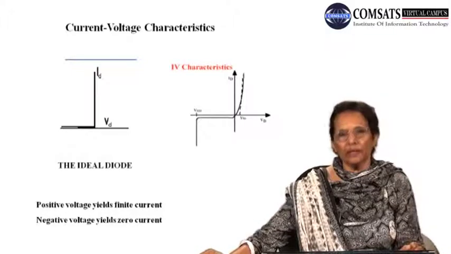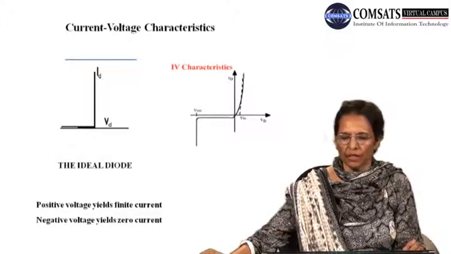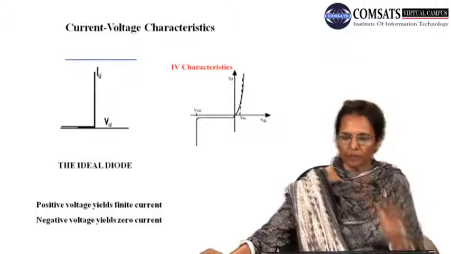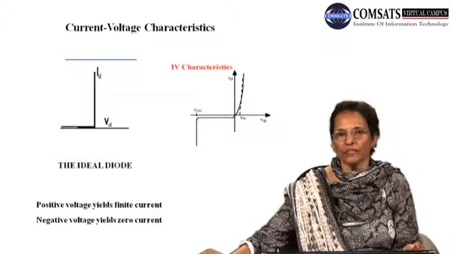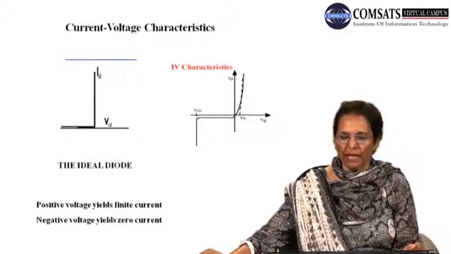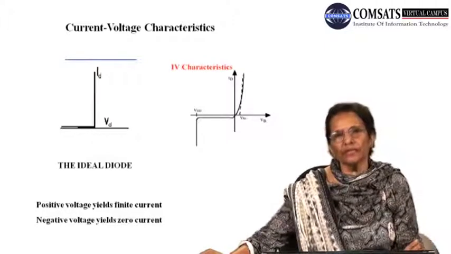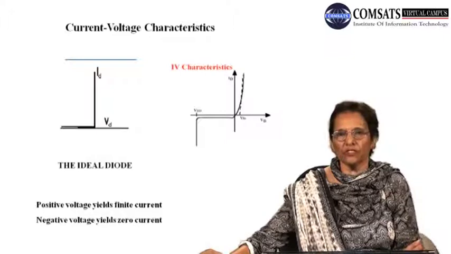I have shown you a magnified version of this IV characteristic. You see an exponentially rising current in the forward direction, in the forward bias junction, and a saturated negative current in the reverse bias junction.